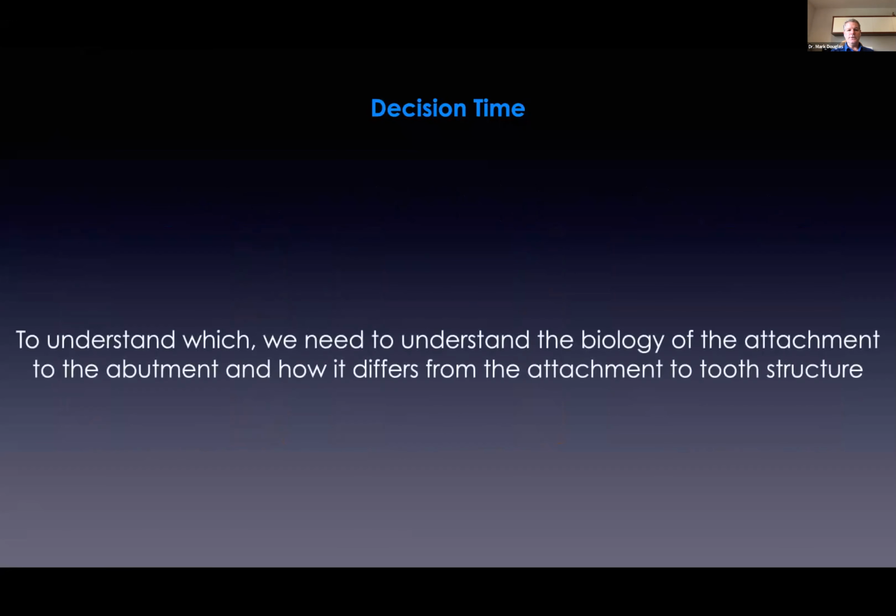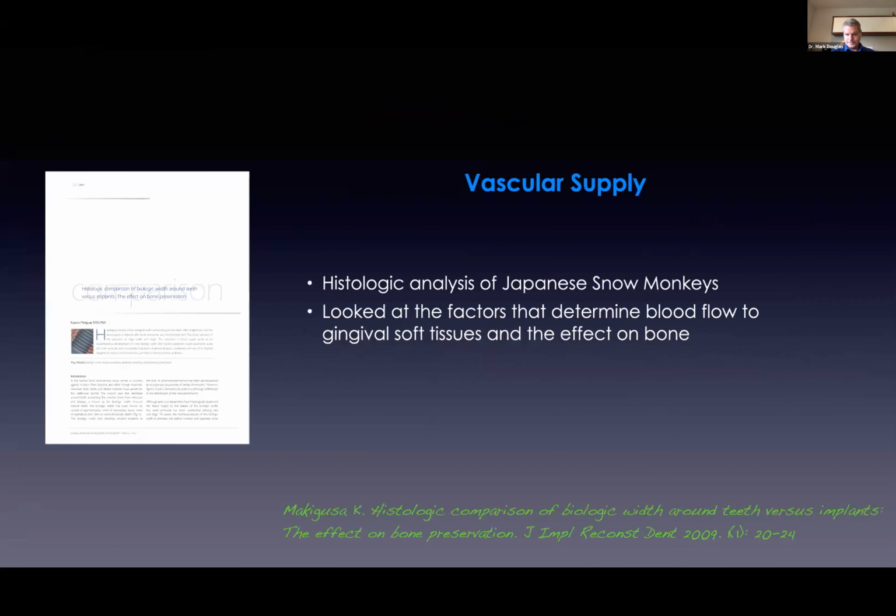And so to understand which one we want to do, we need to understand the biology of the attachment to the abutment and how it differs from the attachment to tooth structure. So this group did a histologic analysis of Japanese snow monkeys, where they looked at the factors that determine the blood flow to the gingival soft tissues and the effect on the bone.